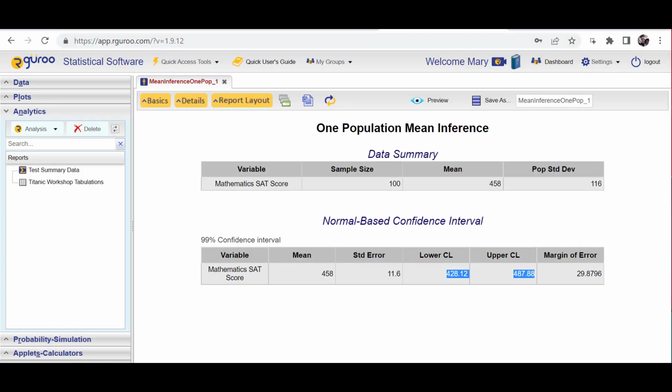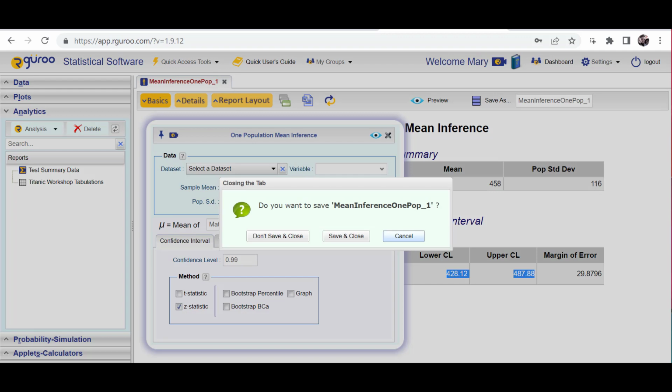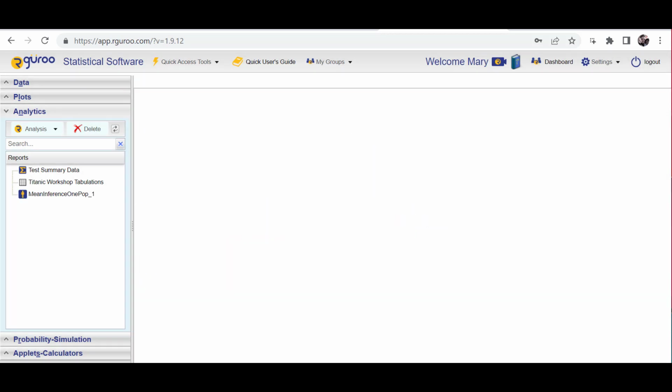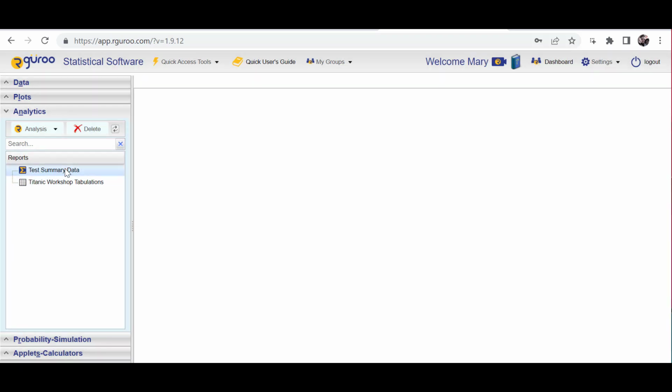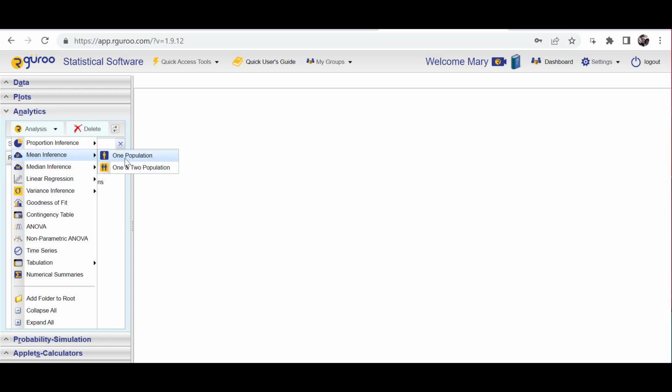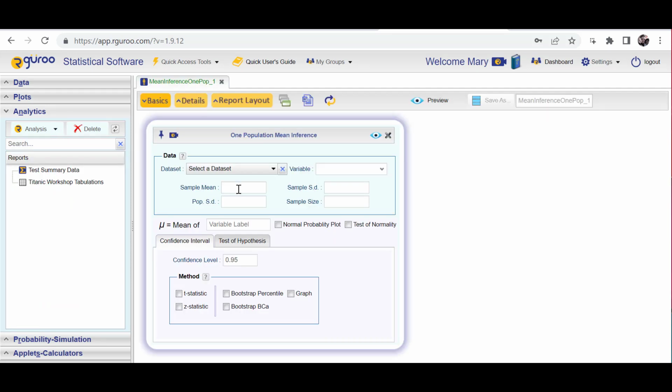All right, so go to analytics, mean inference, one population. Fill in your sample mean. Our sample mean for the baby boy weights was 25.5.